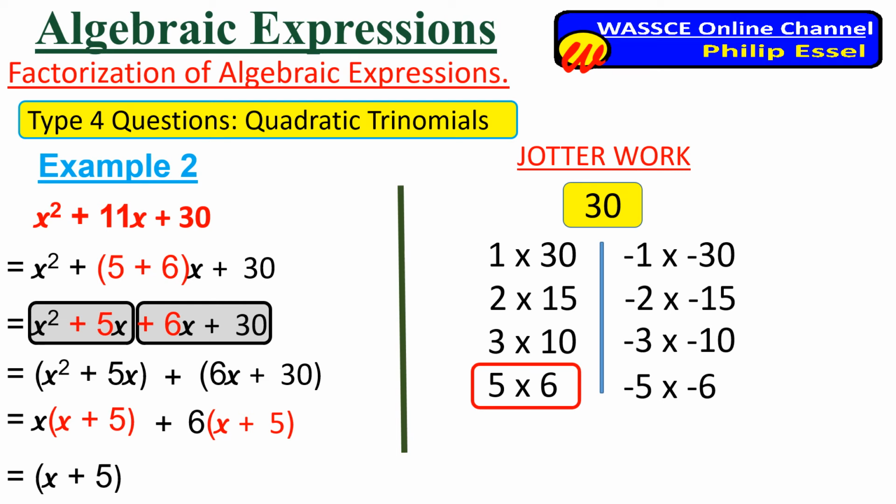So we'll put them together and we would get x plus 6 as another factor. So the two factors multiplying themselves. So that will be our final answer. It will be x plus 5 all in brackets times x plus 6 all in brackets. As simple as that. Let's look at example 3.